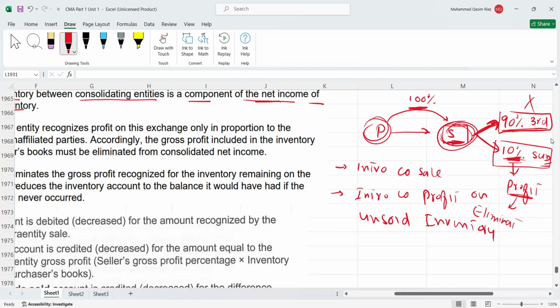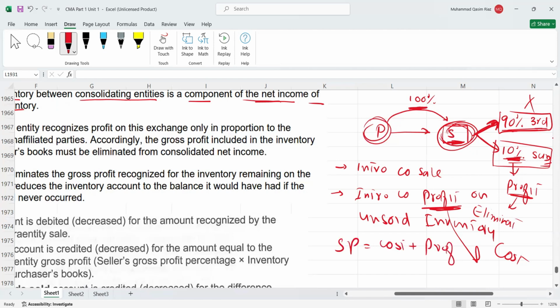Because if I eliminate the profit on unsold inventory, my inventory will be back at cost. That's why I need to eliminate this amount of profit. If I do not eliminate it, in the subsidiary's books the inventory will be at the sale price of the parent, the seller. But I know that in the sale price there is the cost of the parent plus a profit.